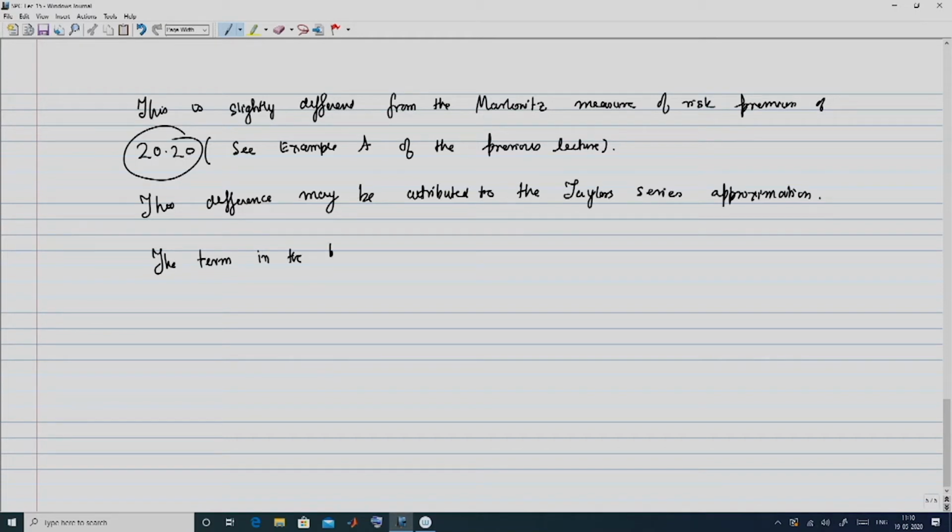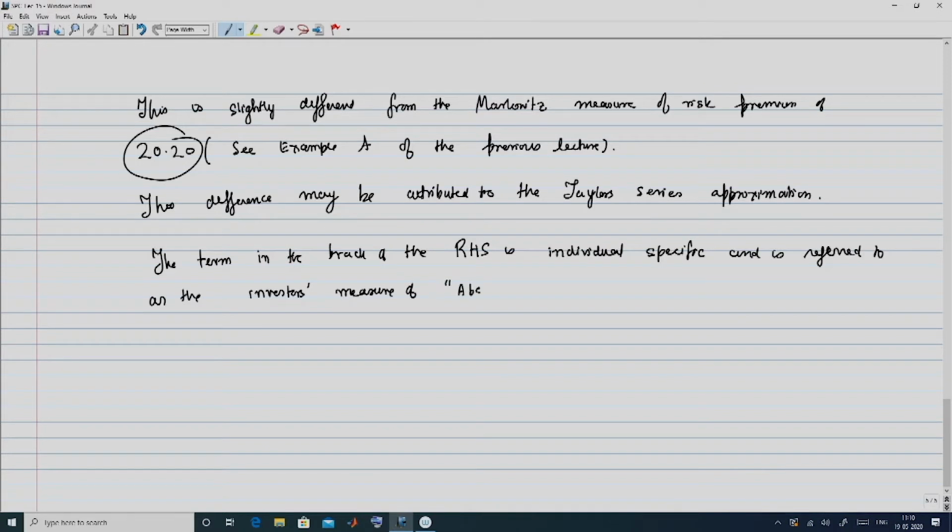The term in the bracket of the RHS is individual specific, and is referred to as the investor's measure of absolute risk aversion, or ARA, which is defined as capital A of W is equal to minus U double prime of W over U prime of W.